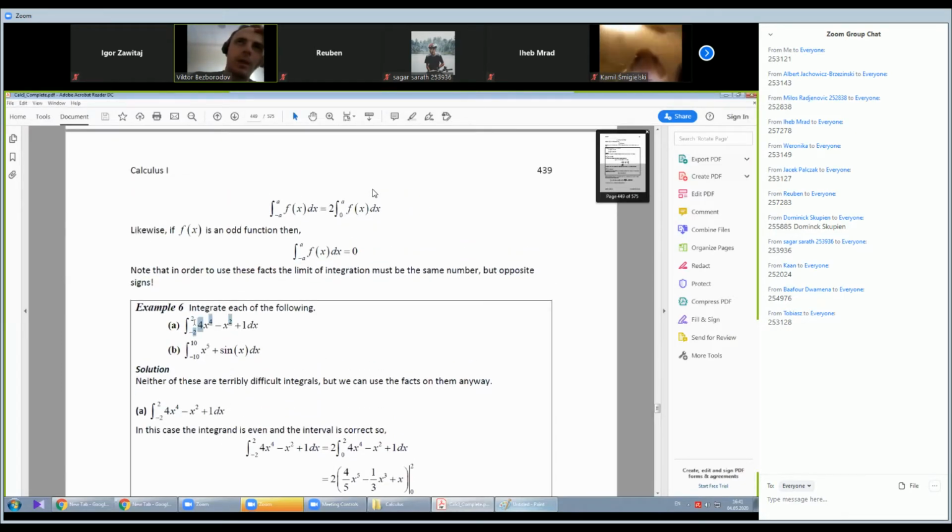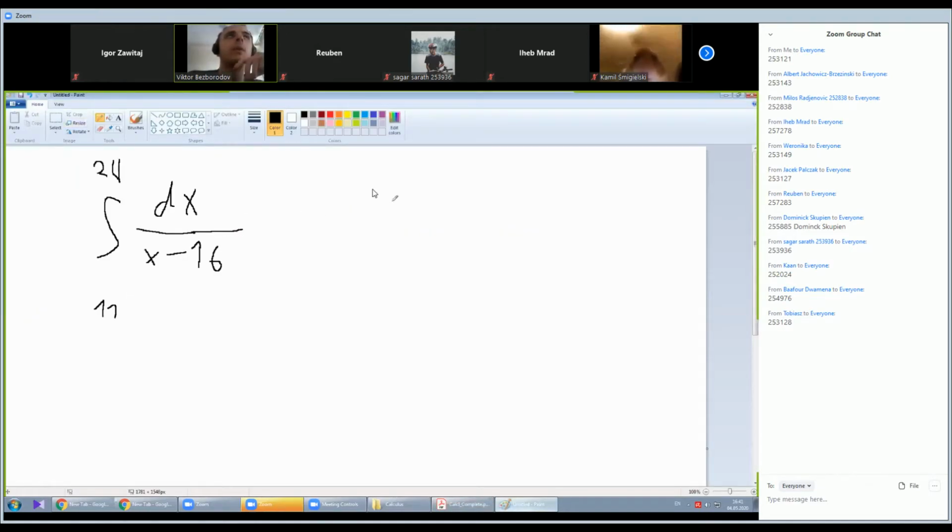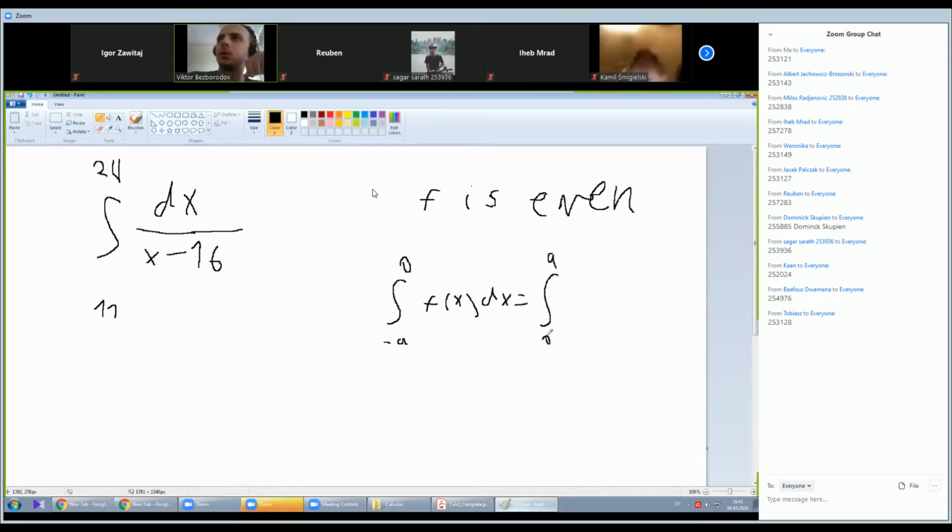Okay, so for an even function, if f is even, then the integral from -a to 0 of f(x) dx equals the integral from 0 to a of f(x) dx.